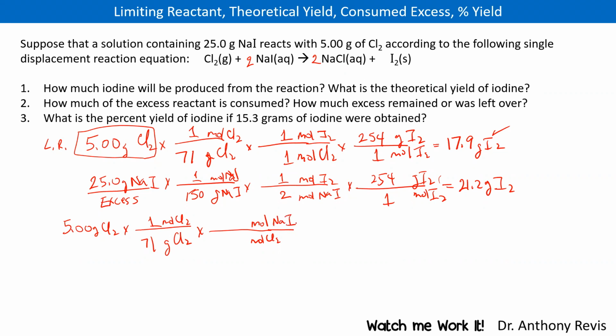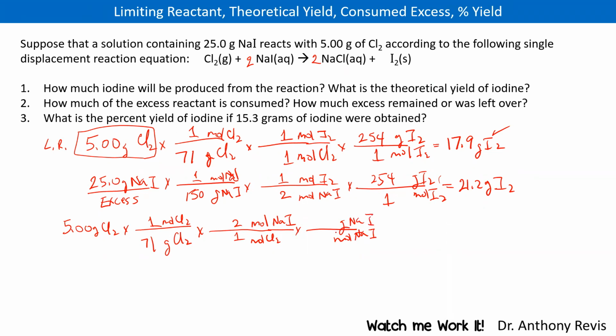We know sodium iodide is excess because of the limiting reactant work we did. And so now we look at the balanced equation. In front of sodium iodide, I have a 2. In front of chlorine, I have a 1. And I carry this over to see how many grams of sodium iodide I should have used. I've done an interconversion through the mole to mole ratio.